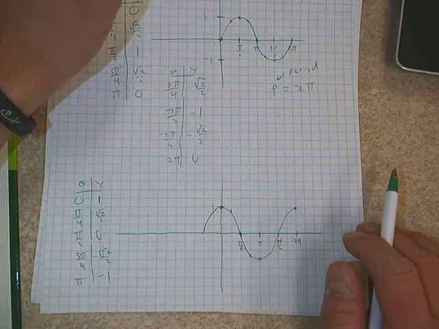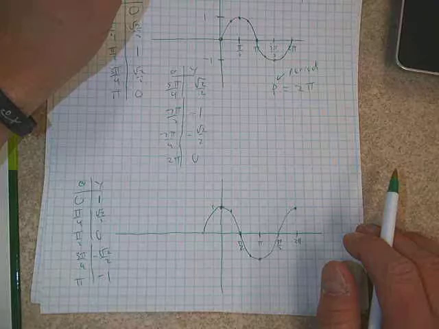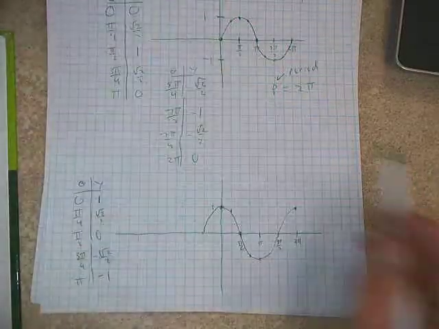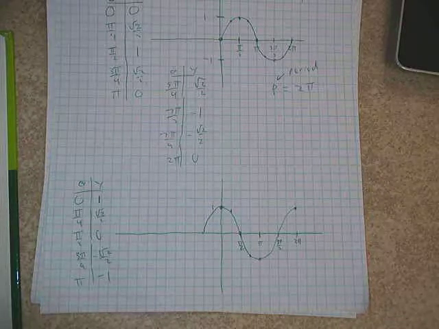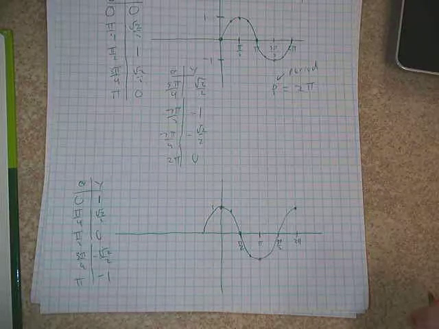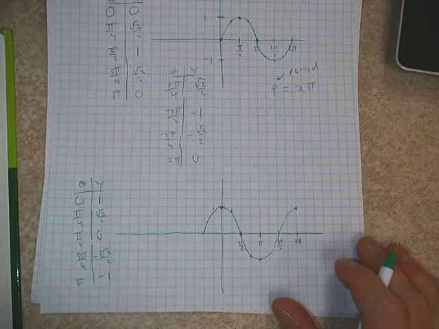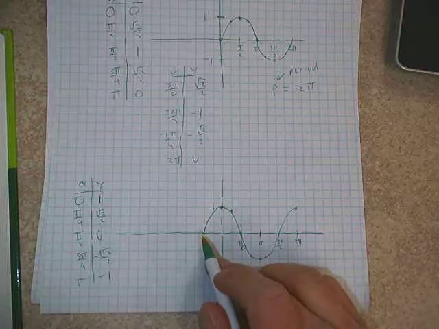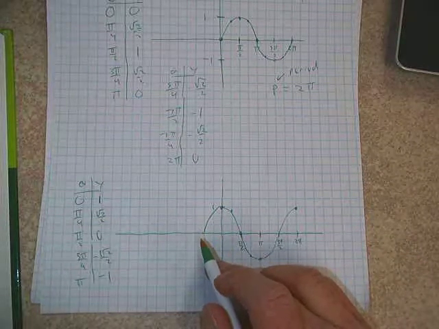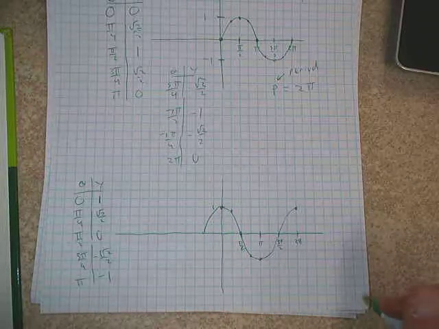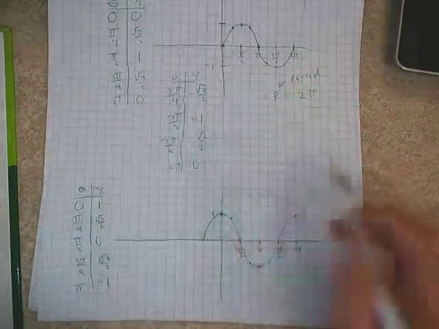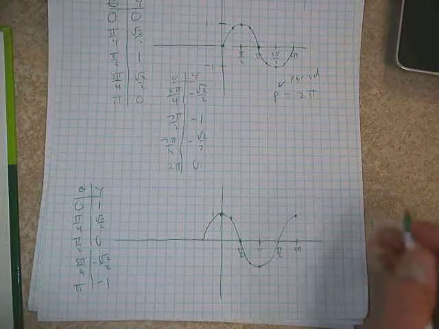So if you think about it, what are the sine and cosine to each other in terms of what we know about translations? Not inverses. Good guess, though. How do these compare to each other in terms of translations?